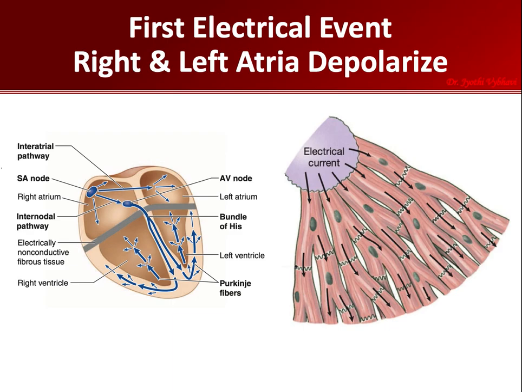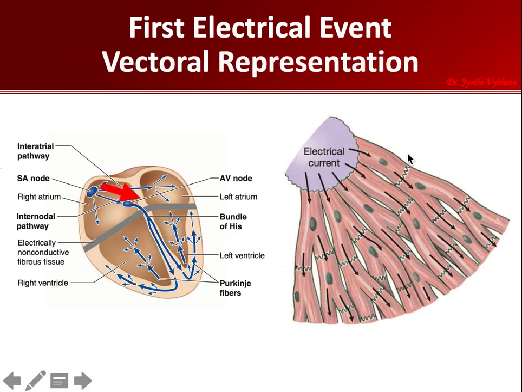So the depolarizing current, being a positive wave, travels and produces electromagnetic force. If I show this vector, it looks like this: downwards and leftwards. This vector is called the atrial depolarization vector.